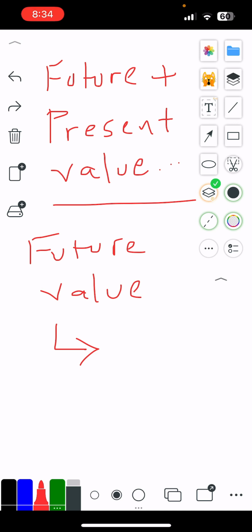Because of that interest, a dollar today will be worth more tomorrow because you'll be earning interest on that dollar. So if you are a lender or a borrower, whatever you lend today will be worth more tomorrow.